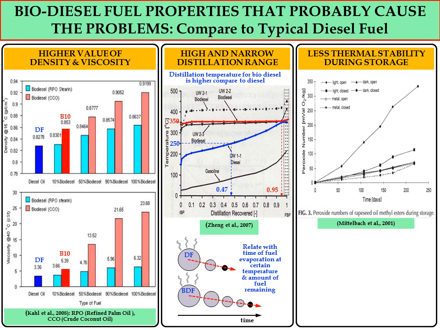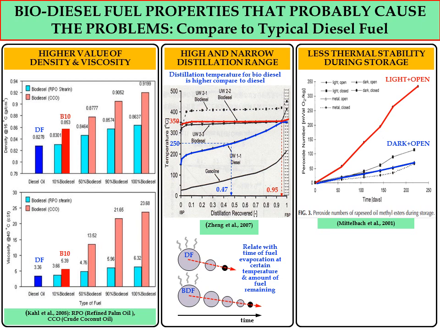Let's take a few examples. For example, the condition without light where the container of the biodiesel fuel is open, compared to the condition with light and also an open container of biodiesel fuel.